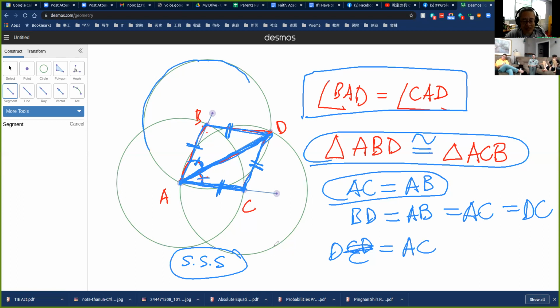Give us any angle, we can bisect it. And that, you can see, is based on the circle, which is from one of the postulates, and also based on the side-side-side triangle congruency.